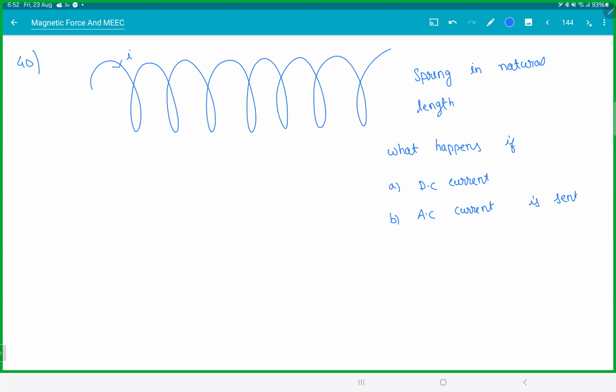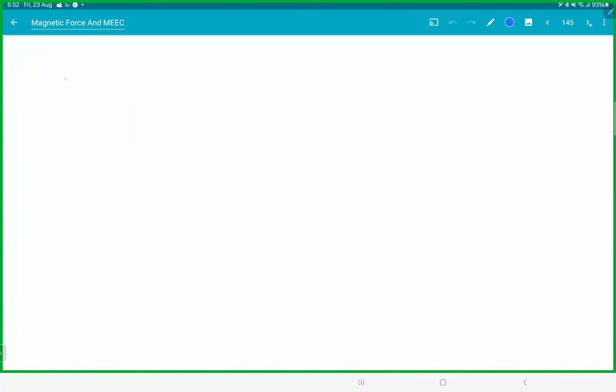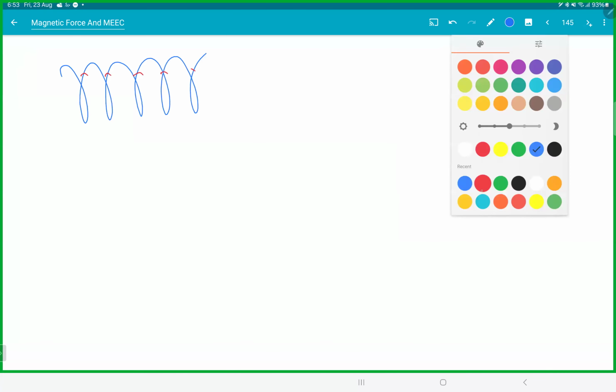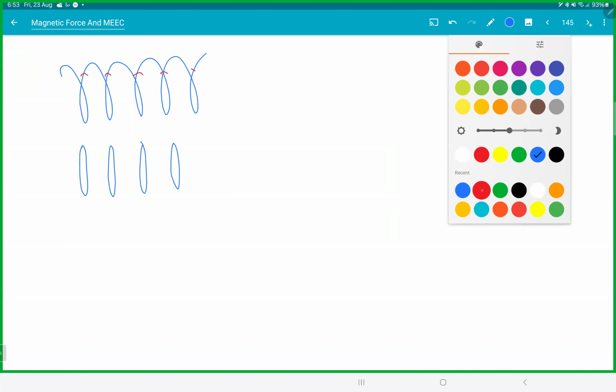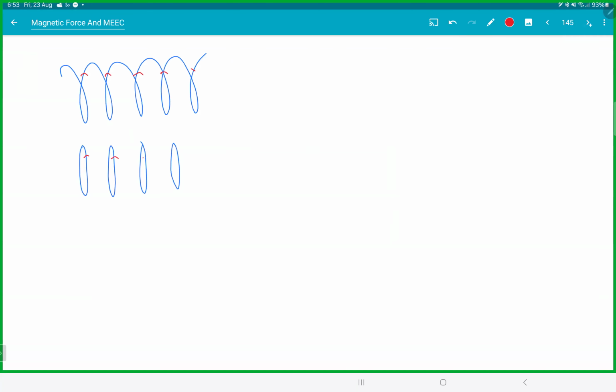Using this concept, I'll show you how to catch snakes. You can catch snakes using this. First of all, you should have snakes in the surrounding area. If you don't have snakes, you can't create snakes. See what happens here: first of all, it doesn't matter how you send the current. Let's say you send the current in one direction. These you can treat like independent coils. If you look at the field, remember we wrote something like this.